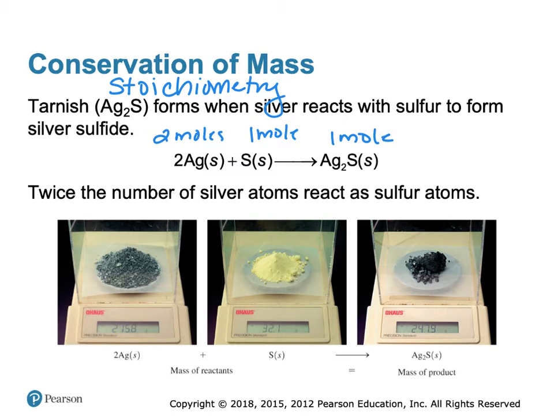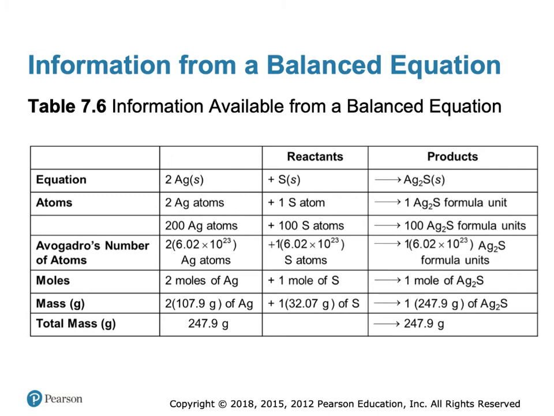If you look at the mass of the reactants, the mass on the left side of the equation equals the mass on the right side of the equation. And what we're going to see at the end of this video is that we can use moles and the molar mass to determine these amounts. So again, let's look at what we have from our balanced chemical equation.